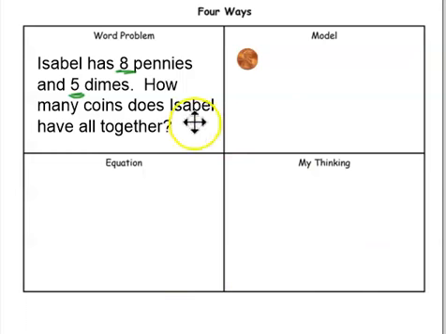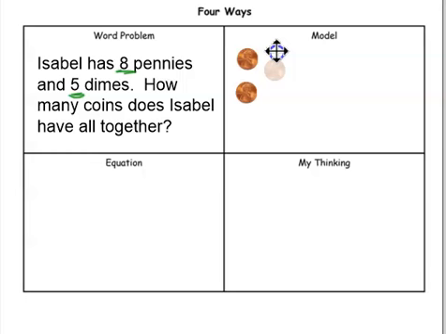So, how many pennies does Isabel have? She has 8 pennies. Okay, so how many pennies do we need to have? 8. Let's count out 8.